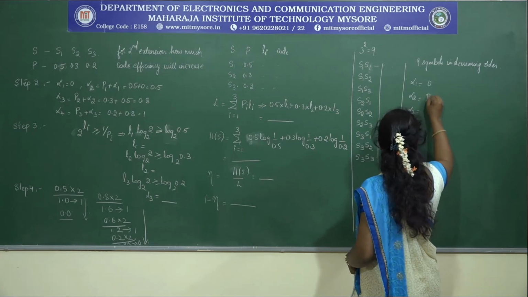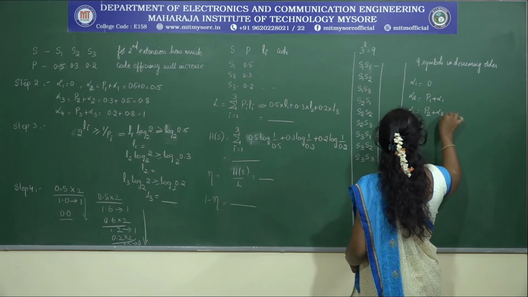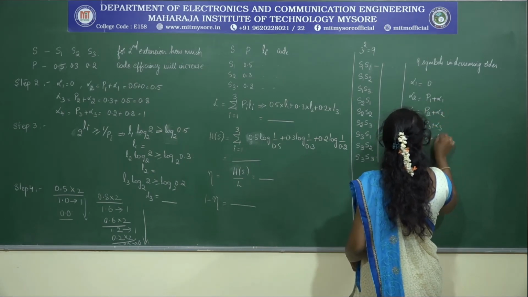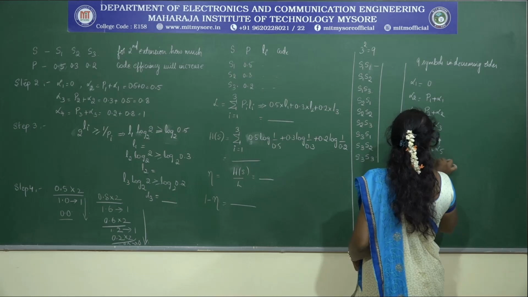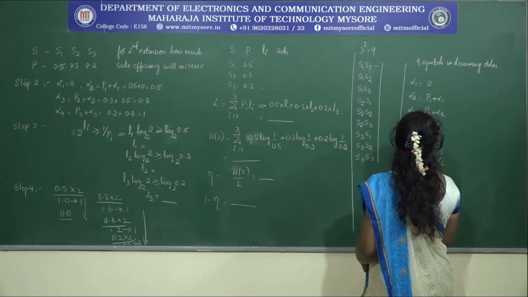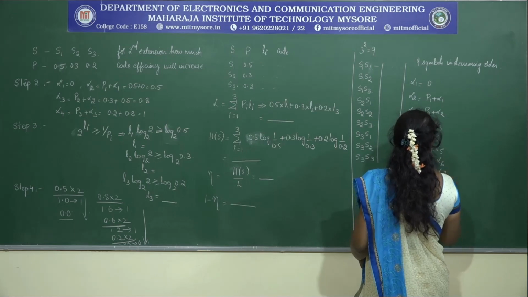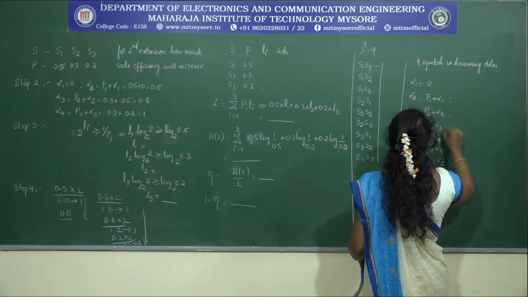Then alpha 2 is P1 plus alpha 1. This is P2 plus alpha 2. This is P3 plus alpha 3. P4 plus alpha 4. This is P5 plus alpha 5. This is P6 plus alpha 6. Then we have P7 plus alpha 7. This is P8 plus alpha 8. So compute all the sequences.